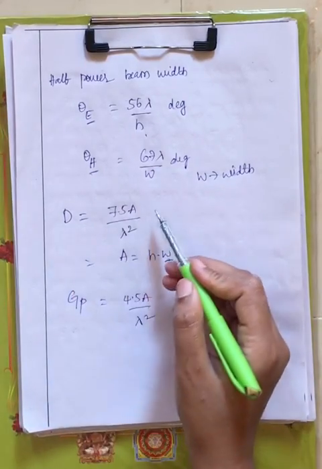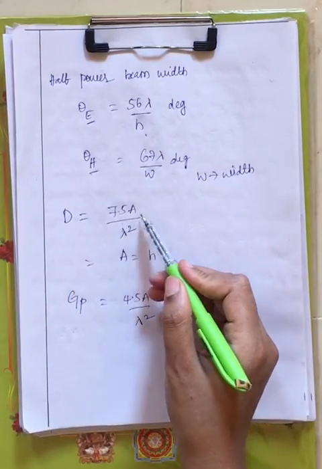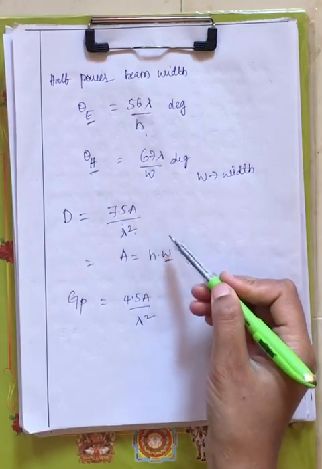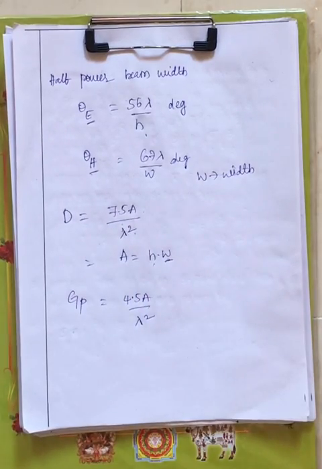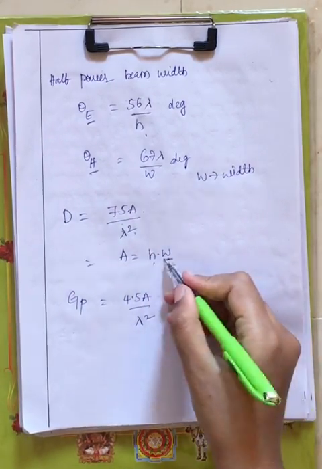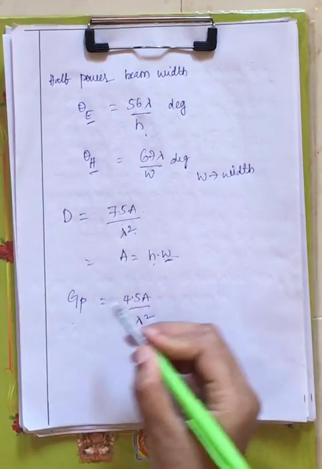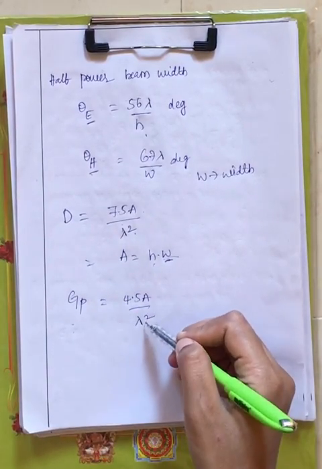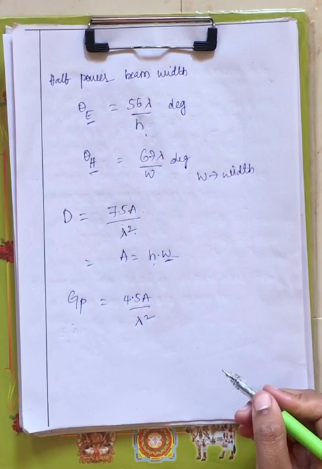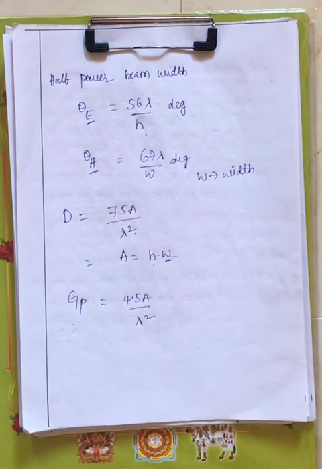Directivity of the horn antenna is given by 7.5 A by lambda square, where A is the aperture height into its width. And the power gain of the horn antenna is given by 4.5 A by lambda square.